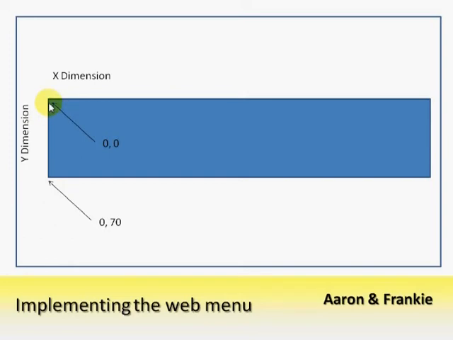So basically, if we want to place the three images, we need to place the first image to start from 0, 0. And then we need to place the right image to be positioned over here. If we have a width of 600, we need to check the width of the image, of the right image, so that we move back by the width of that image and we position it somewhere over here.